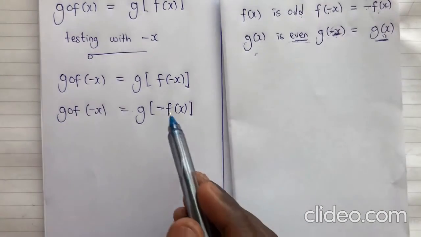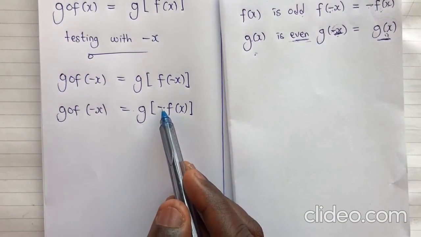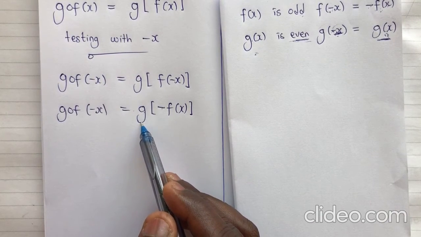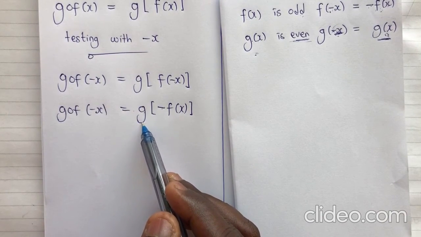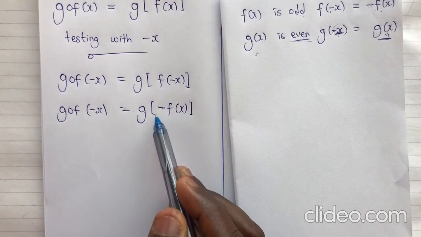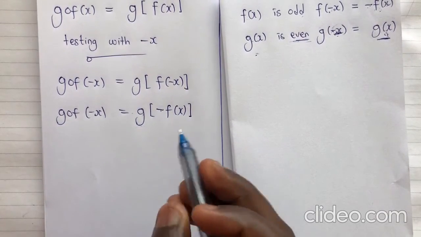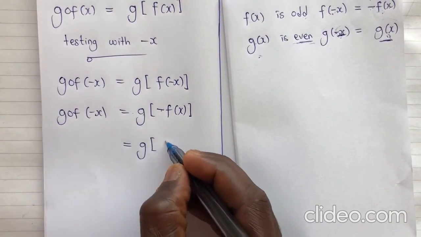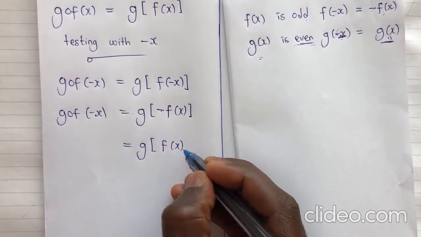In the same way, when we come here, we cannot bring out this negative until we check if this function is even or odd. And because this function is an even function, it will eat up this negative sign and generate g of f of x. So in your next step, this is the same as g of f of x.